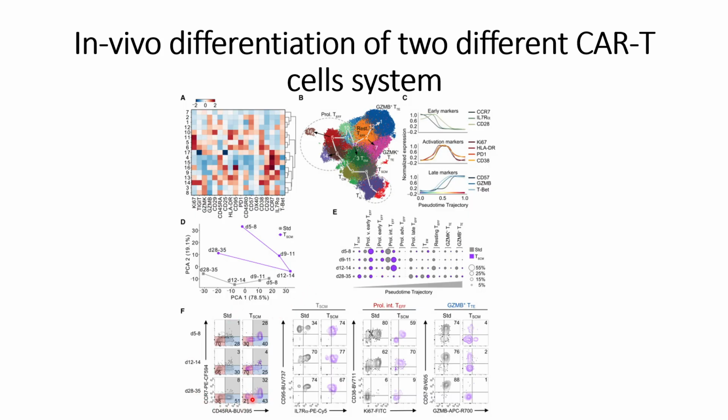When they did the flow cytometry analysis to check the individual proliferation markers and also the granzyme markers, they saw that even in the late stage, these effector cell markers show that the CAR T cells derived from Tscm have a regeneration ability, which can be seen here, and also in the granzyme region.